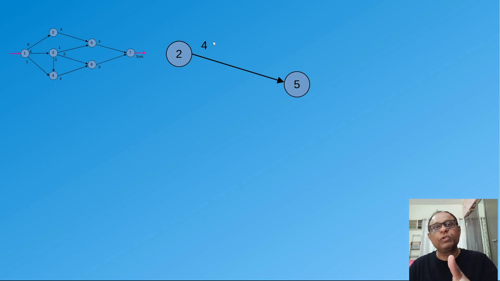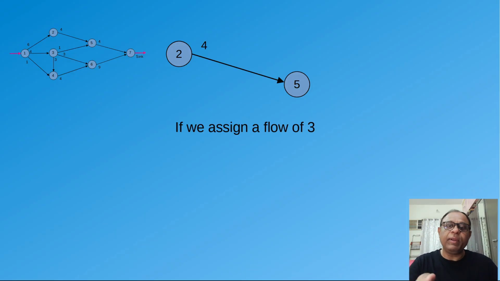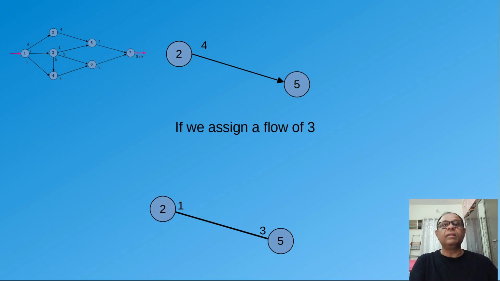Now, let us say I assign a value of flow through this arc. Okay, so let me assign a flow of 3. Now if you go to see the residual flow, that is the flow remaining which can be further assigned in this arc, it is 1. And the flow already assigned is 3.